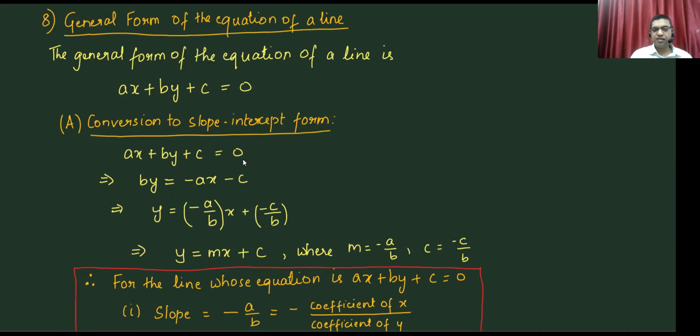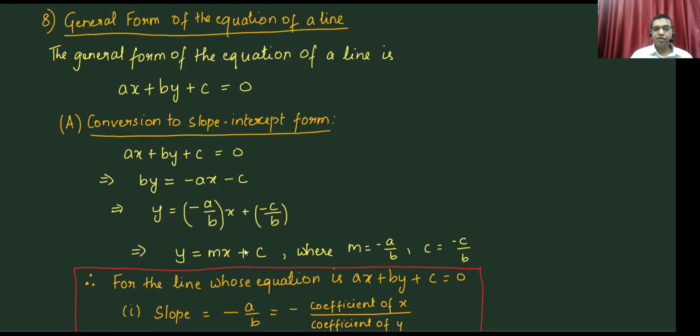ax plus by plus c equal to 0. We keep by here and shift ax and c to the right hand side. So by is equal to minus ax minus c. Divide by b, and you get minus a by b times x plus minus c by b.